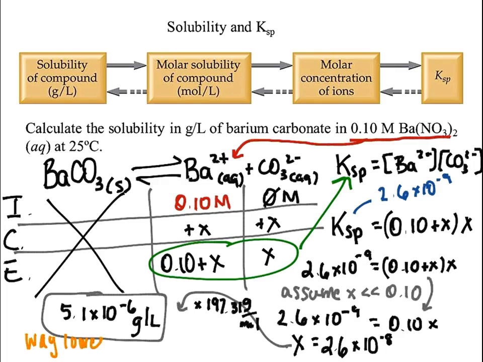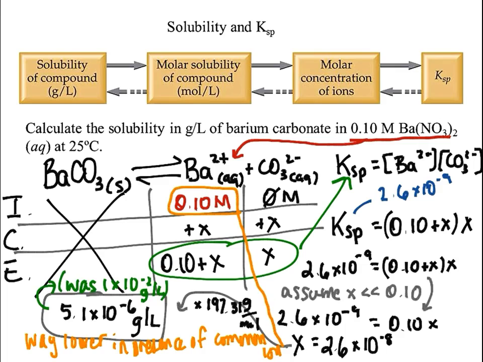This is way lower than it was in pure water. I think it was 1 times 10 to the minus 2 grams per liter, 4 orders of magnitude lower now. So way lower in the presence of a common ion.